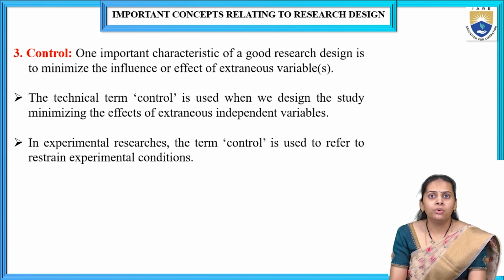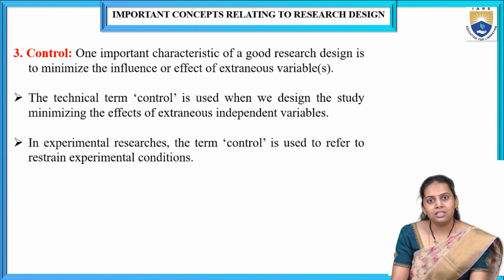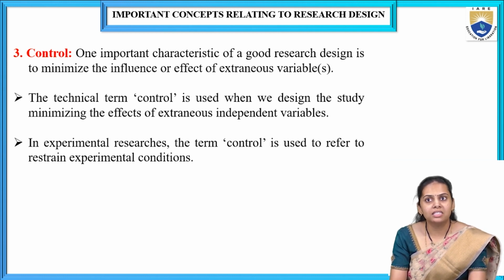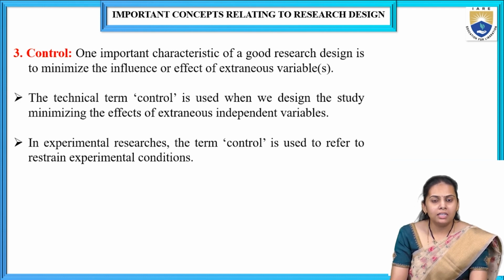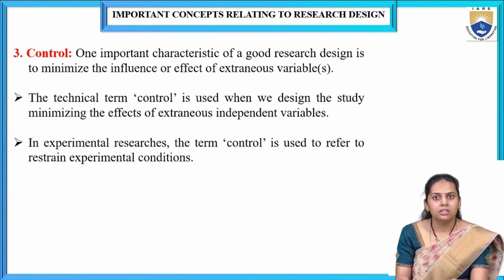And the control. One important characteristic of a good research design is to minimize the influence or effect of extraneous variables. The technical term control is used when designing the study to minimize the effects of extraneous independent variables.